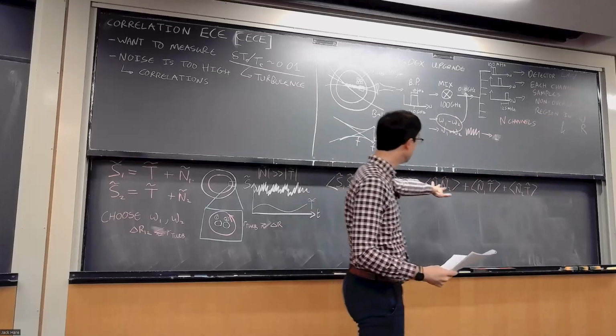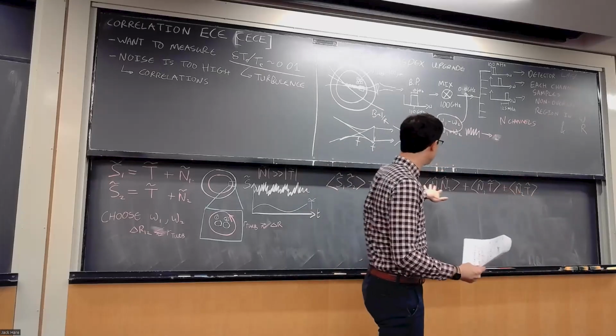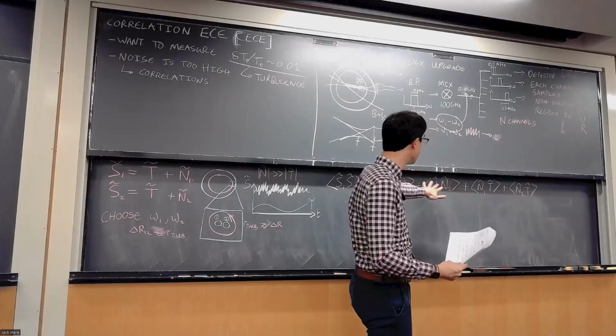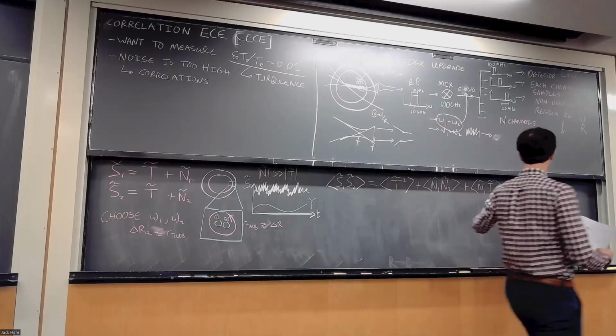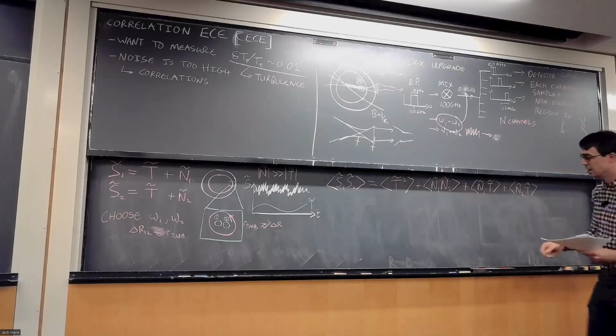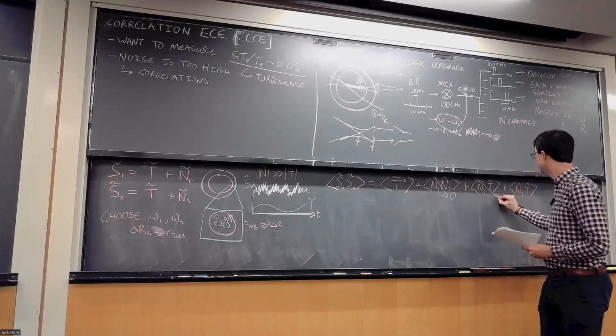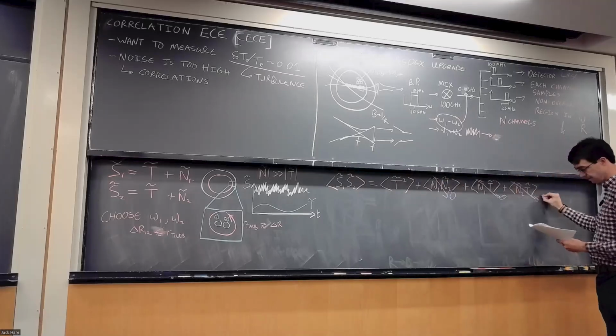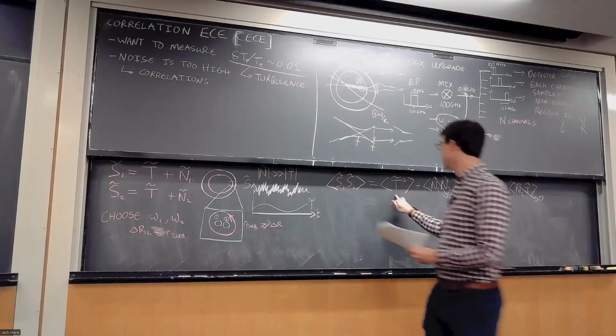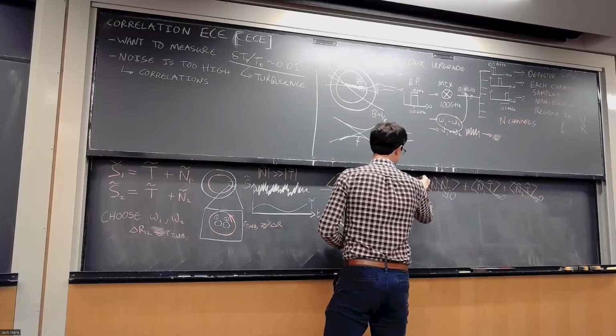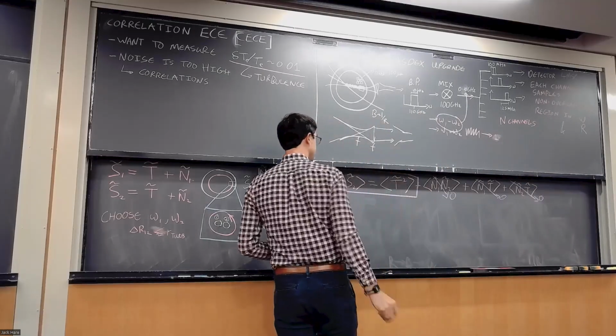And because this noise is just random, when we do some sort of averaging, this could be in time, or best to think of it as like a short time integral, then these terms are all going to drop out. And we'll just be left with a correlation signal that is proportional to the temperature squared here.